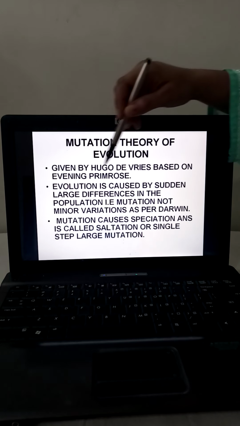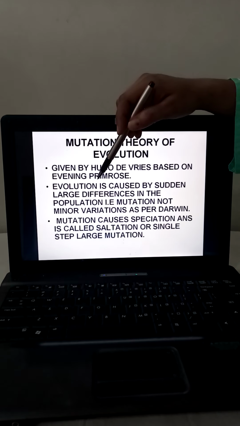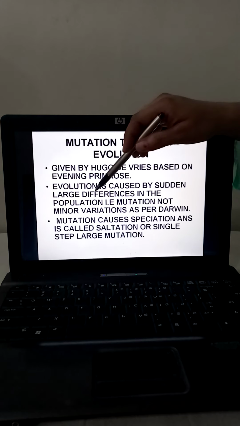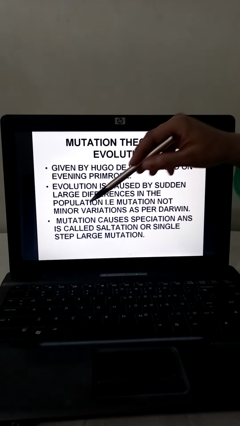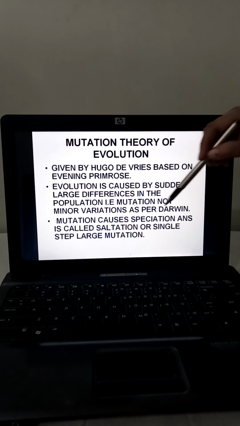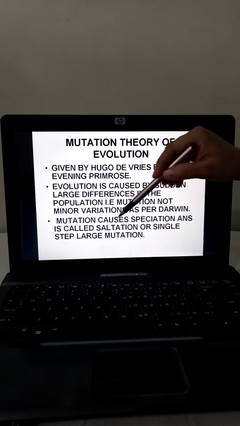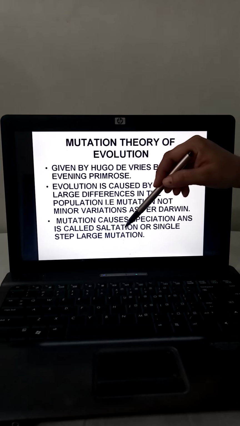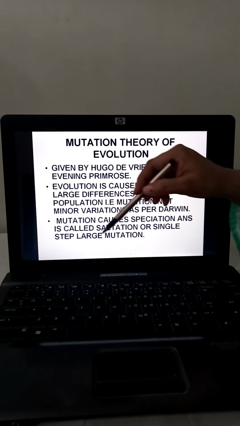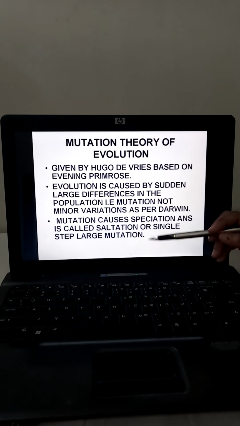His work was on primrose. Evolution is caused by a sudden large difference in the population, that is mutation, not minor variation as per Darwin. Mutation causes speciation and is called saltation, or a single-step large mutation. This was the theory given by him.